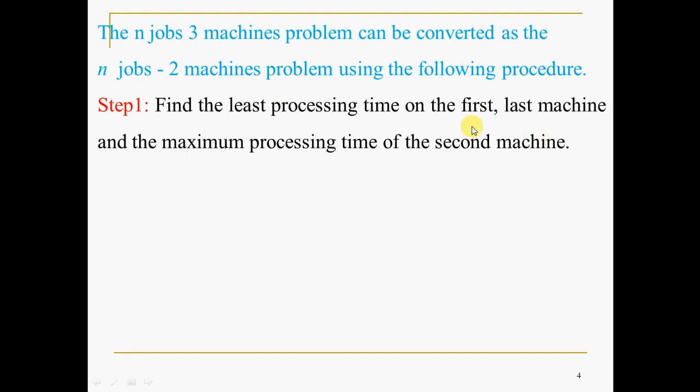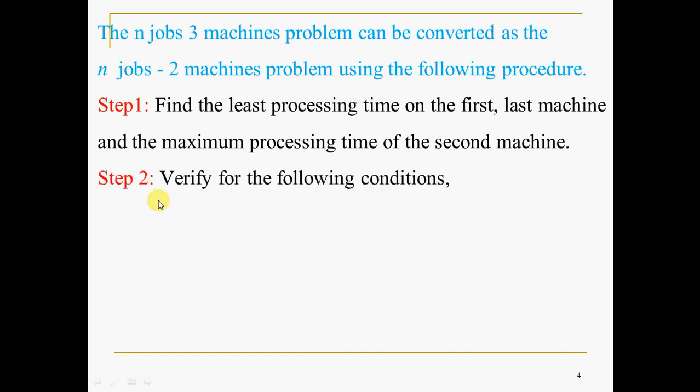We'll have three machines M1, M2, M3. So note the least processing time on M1 and M3, and the maximum processing time on the in-between machine M2. That is step 1.